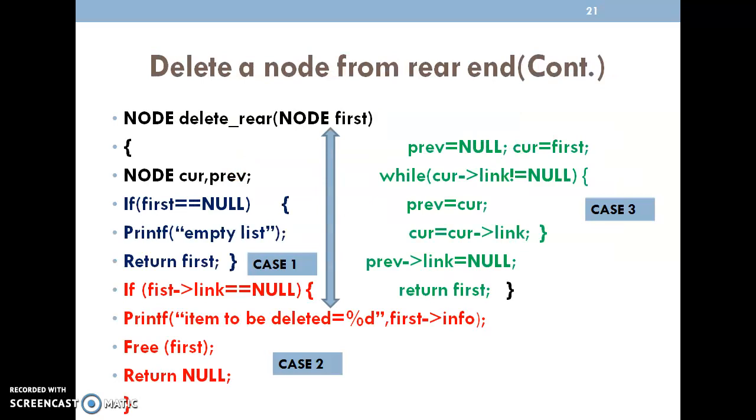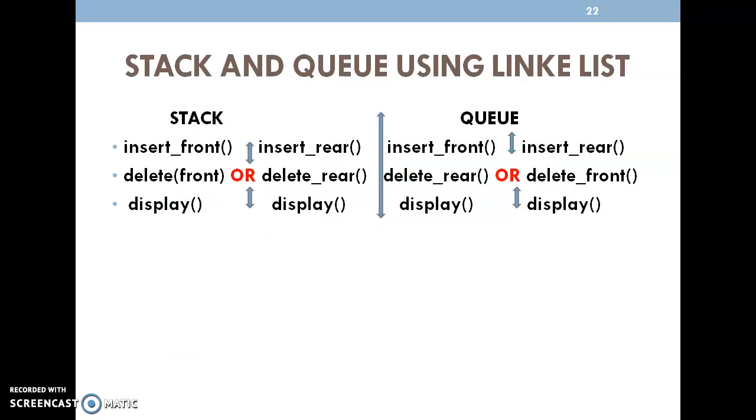In the first two videos, insert from the front end, delete from the front end we have seen. In this video we have seen insert from the rear end, delete from the rear end, and we know how to implement the stack and queue using linked list. Okay, all these functions we have already seen, just call them in cases using switch.